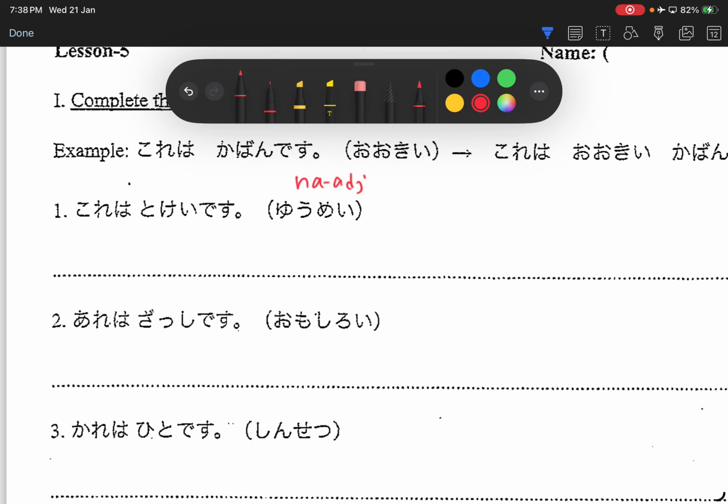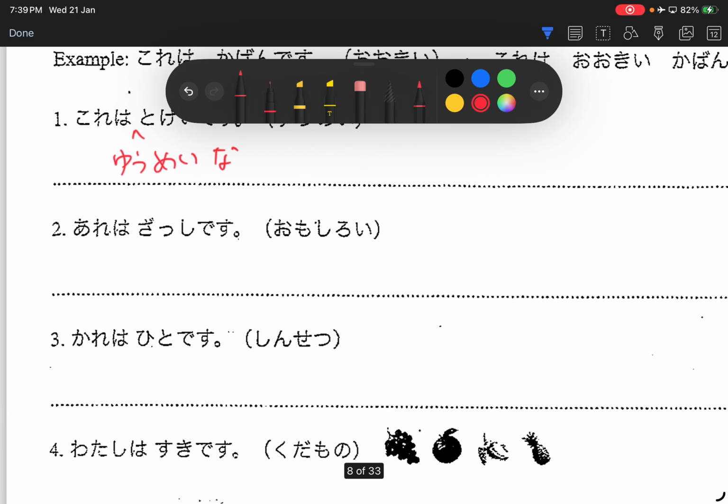So we have to say これは有名な時計です。Please remember, 有名 is a na adjective, so we need to put a na. 有名な時計です。For okii, you will not put anything. Okii is an E adjective. Remember, E adjective we don't need to put anything, right? You just need to go back to lesson 5 to revise that.